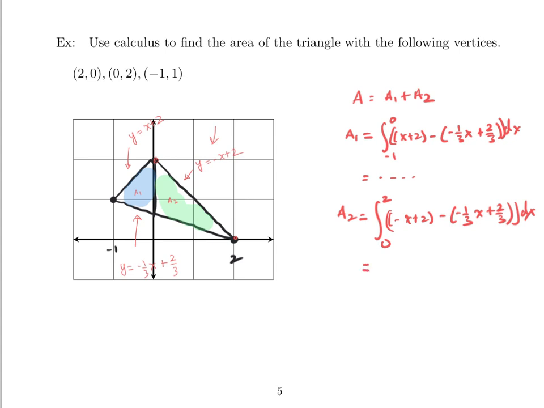For example, this one will be minus x squared over 2 plus 2x plus 1/3 x squared over 2 minus 2/3 x, or you could combine first and then integrate. So this goes from 0 to 2. So it should be pretty simple.